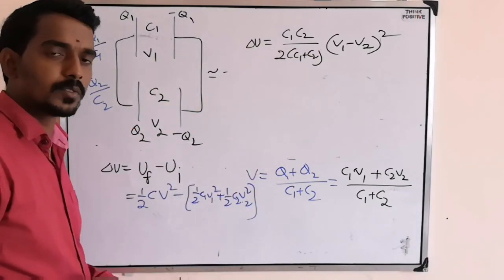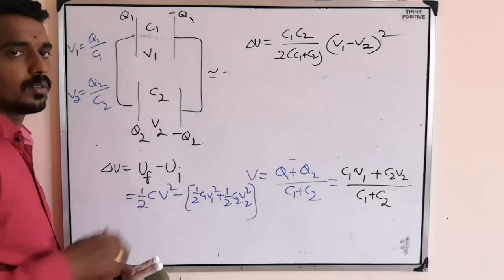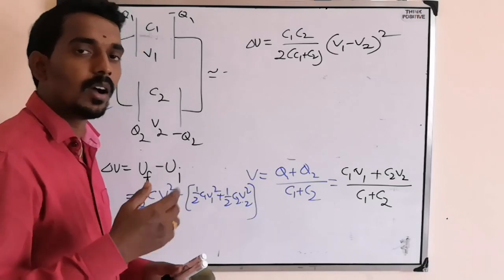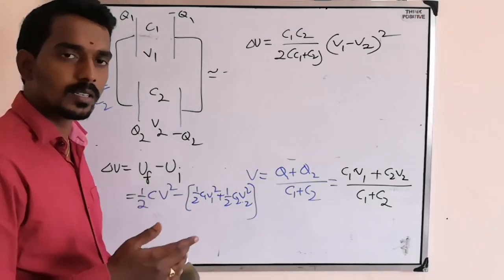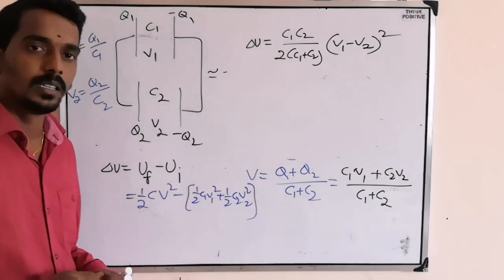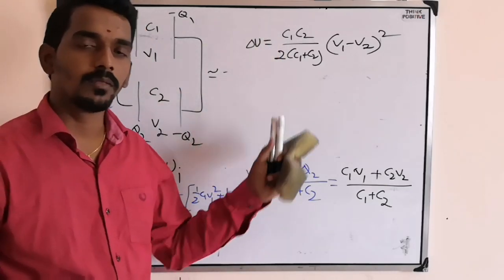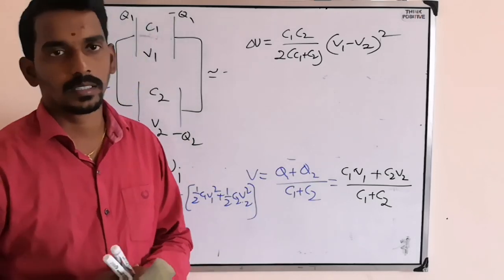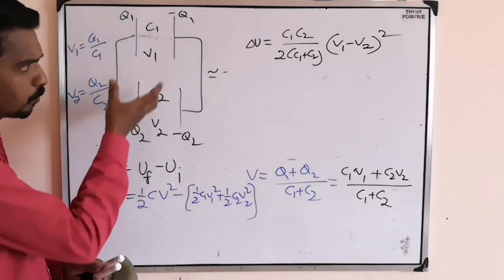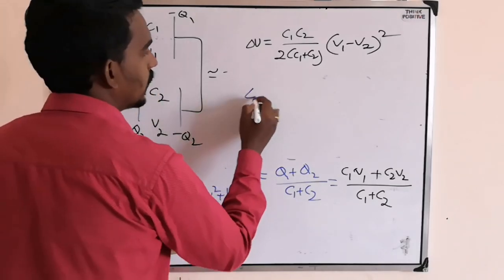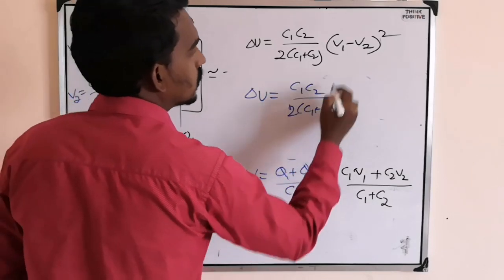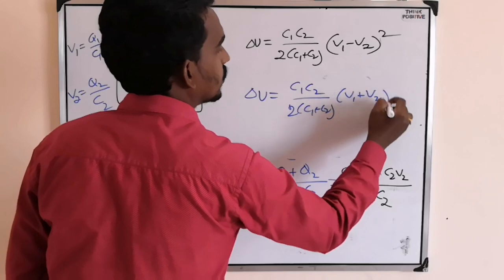So they can ask conceptual questions like, what happens when you connect conductors with a wire? Is there any loss of energy or not? If it loses, in what form? How much energy is lost, getting wasted in the form of heat energy? Or if polarity is reversed, then delta U will become, just here comes plus.